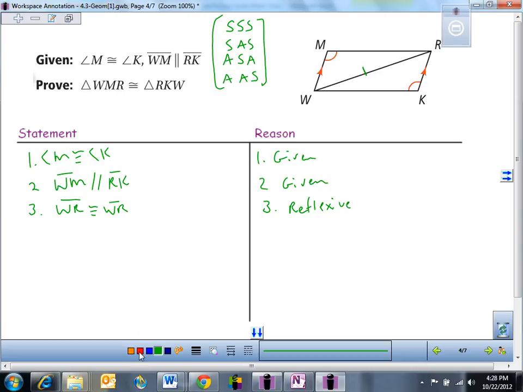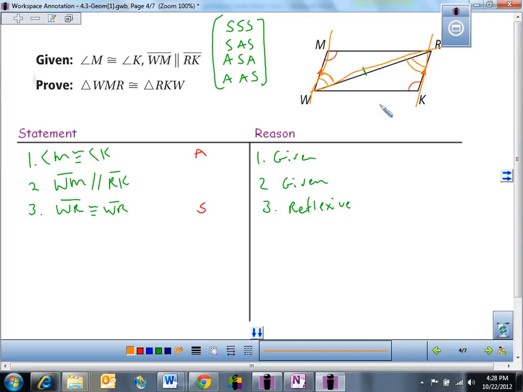So as of right now, we have an angle and we have a side, and then we also need to look at order. So there's a reason they gave us parallel lines. So what I'm going to do is just extend this a little bit. So there's a line, and then here is our transversal. So now what happens in our picture, I see an angle here, and I see an angle here.